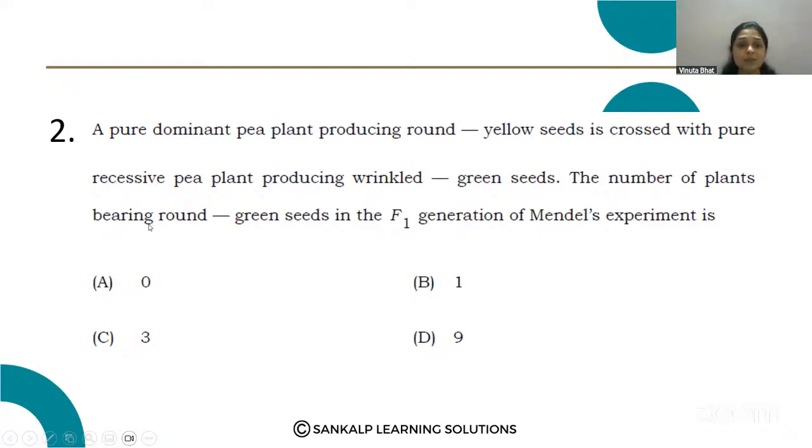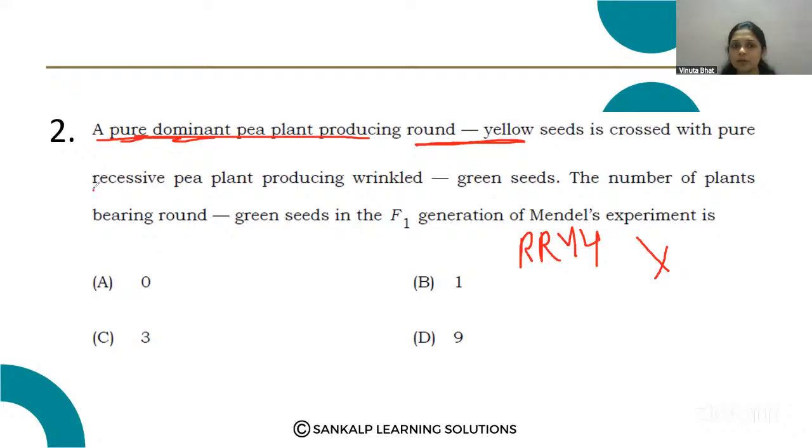The number of plants bearing round green seeds in the F1 generation of Mendel's experiment is... A pure dominant pea plant producing round yellow seeds means capital R, capital R, capital Y, capital Y. Crossed with a pure recessive pea plant producing wrinkled green seeds means small r, small r, small y, small y.